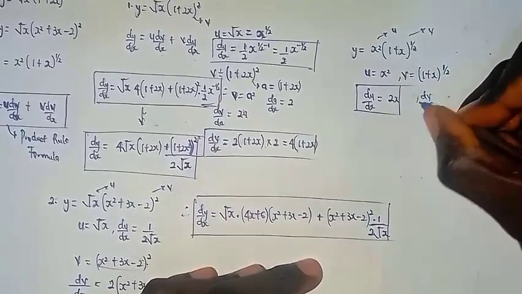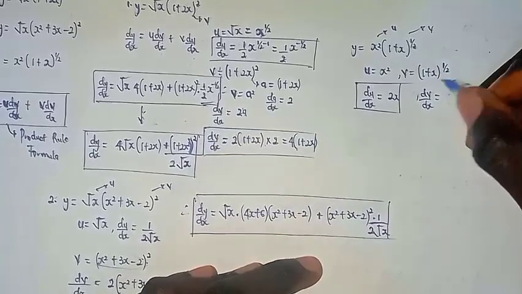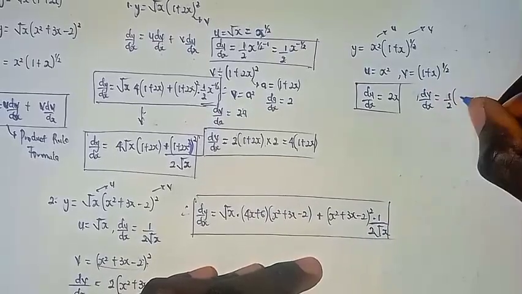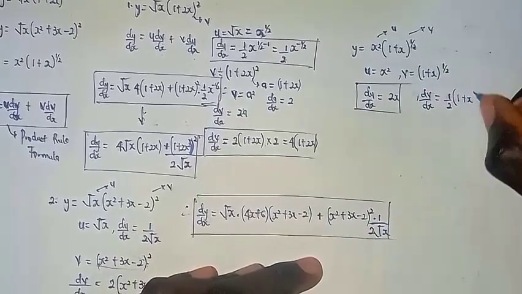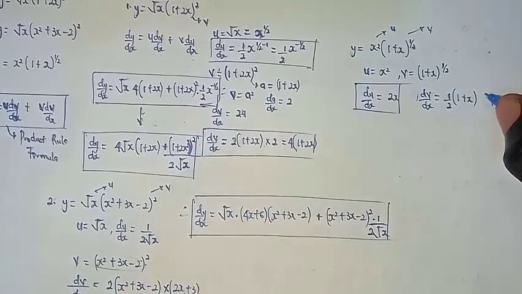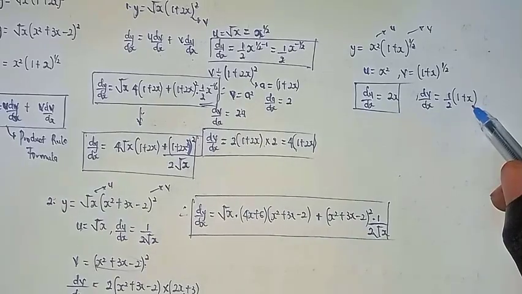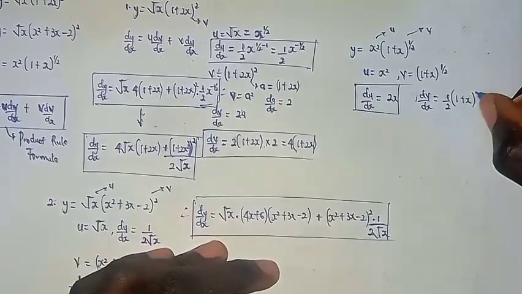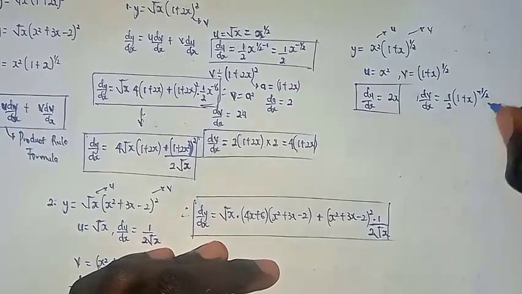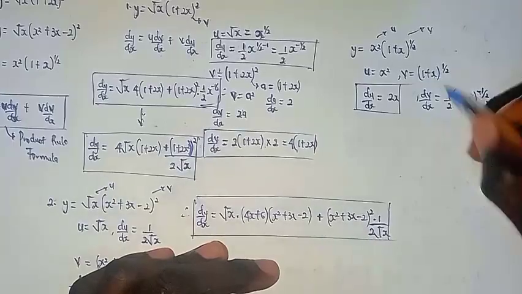And then our dv over dx becomes, now we're using the chain rule here, so it becomes 1 over 2 the power multiplied by this (1 plus x), which becomes (1 plus x) raised to the power of minus half, subtract the power, multiply by 1 itself if you differentiate the bracket.